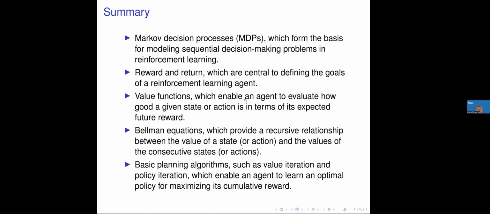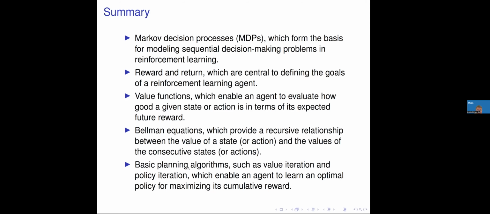The value function enables the agent to evaluate how good a given state or action is in terms of its expected total reward. And based on the definition of value function, we can derive the Bellman equation, which plays a central role in reinforcement learning, because it provides a recursive relationship between values at different states. And this recursive relationship enables us to use dynamic programming-based algorithms to calculate the value function.